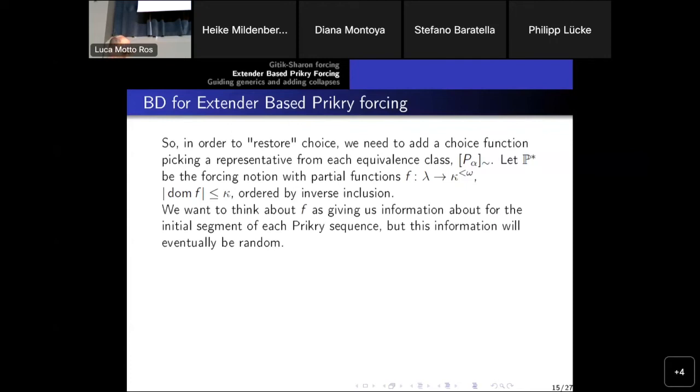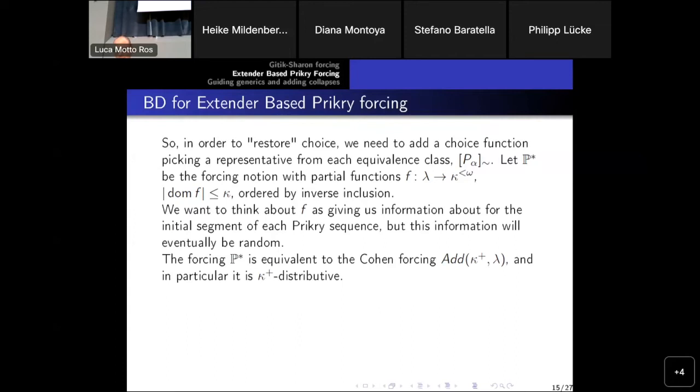So each condition here, and it is again forcing over V, tries to give some information about the choice of the representative from each class. But you cannot get all the choices together without actually forcing things. And this is why I changed the title to briefly forcing without forcing, because here I am forcing things.